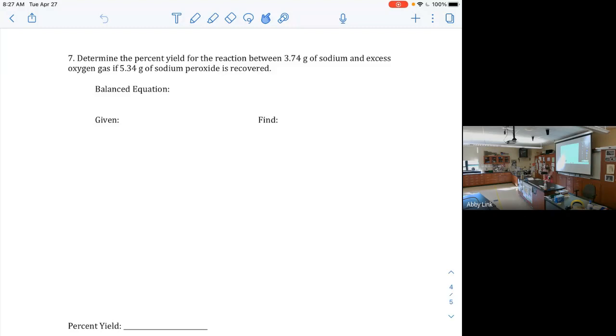All right, so let's take a look at this one. We're going to find the percent yield, obviously, between 3.74 grams of sodium. All right, so there's one of our reactants. Excess oxygen gas, cool. If 5.34 grams of sodium peroxide is recovered. All right, so then this value here, this 5.34 grams of sodium peroxide, that's your actual yield.